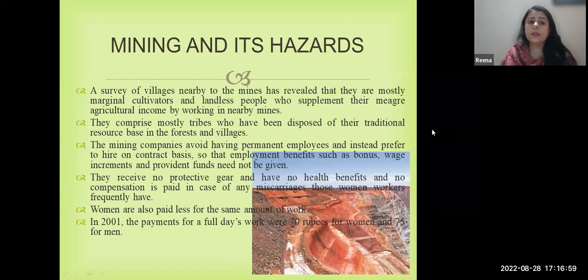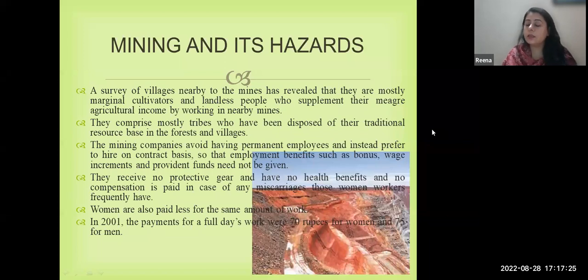So what are the hazards? Basically there are sociological hazards. There are marginal cultivators and landless people who supplement their meager agricultural income by working in these mines. By continuously working in these mines for over 5 to 10 years, their health is completely at risk.